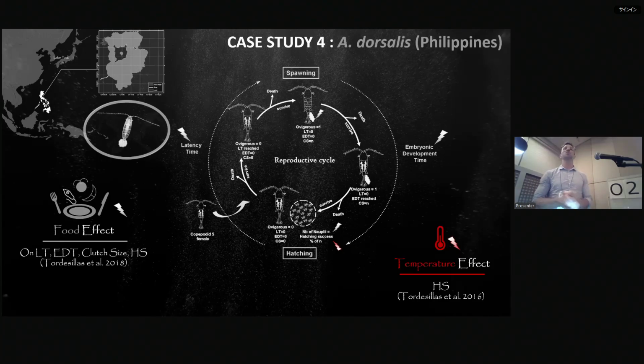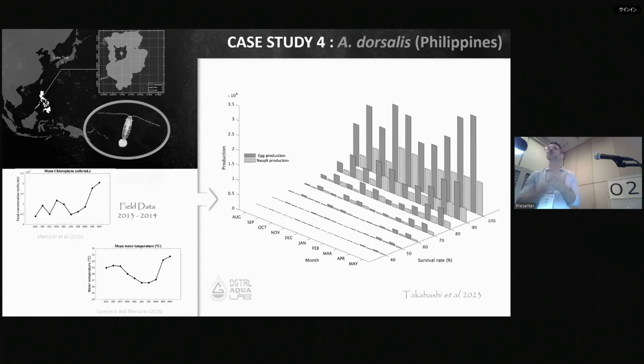So using data collected by Dino Tordesillas, not here, on the food effect and temperature effect on the reproductive cycle of the species, another student of mine could estimate the monthly production of a cohort of 1,000 female individuals under a variation of survival. And even at the highest survival rate and the highest food concentration, the production of this copepod is not particularly high compared to other species. Therefore, that suggests another factor beyond production rate contributes to the invasion of that species.